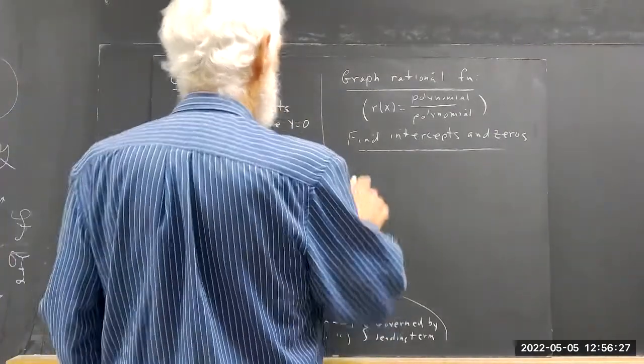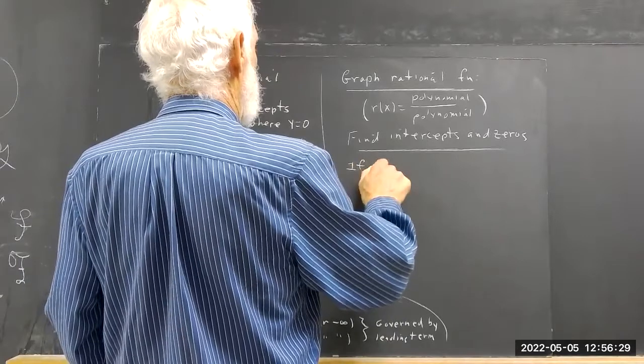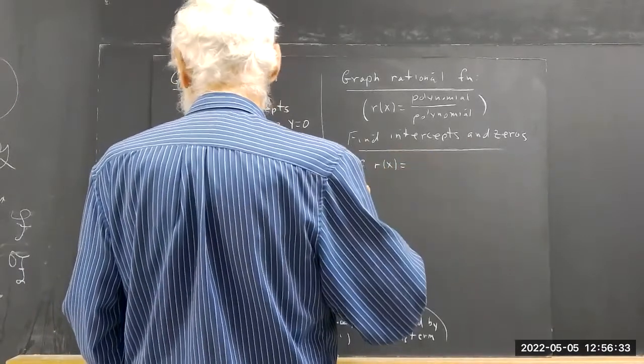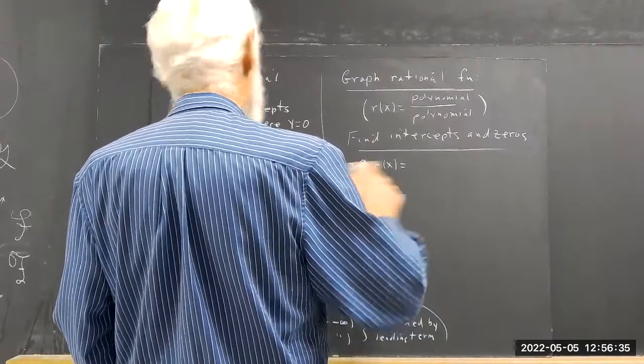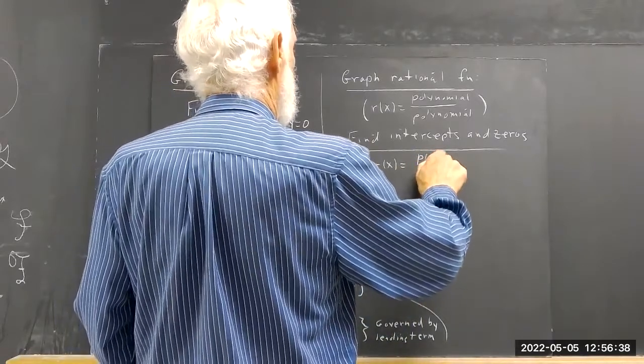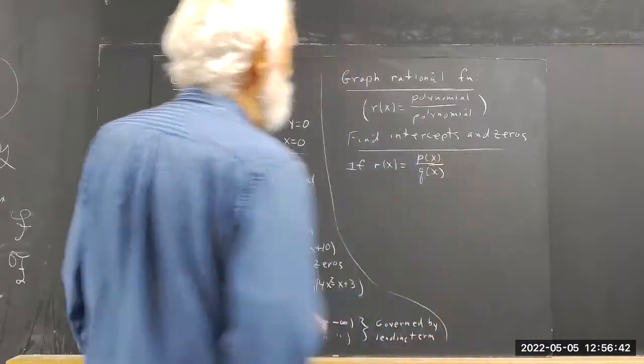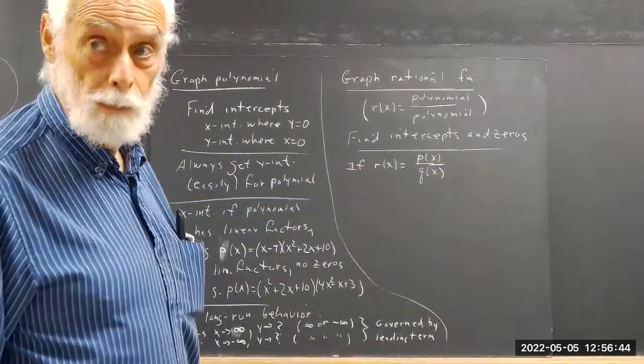And I'll note that, letters to use: R of x equals P of x over Q of x.